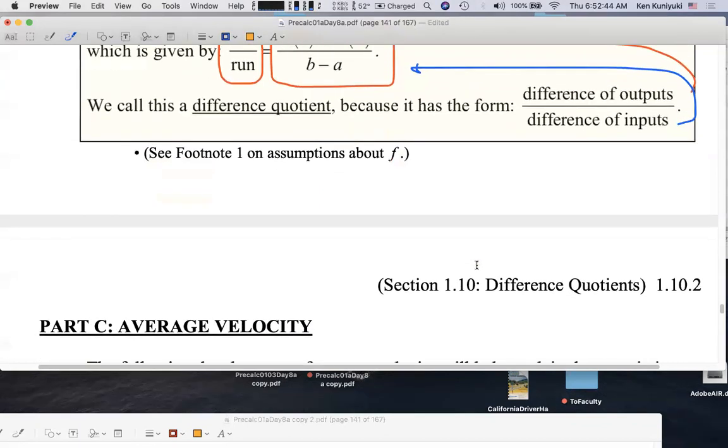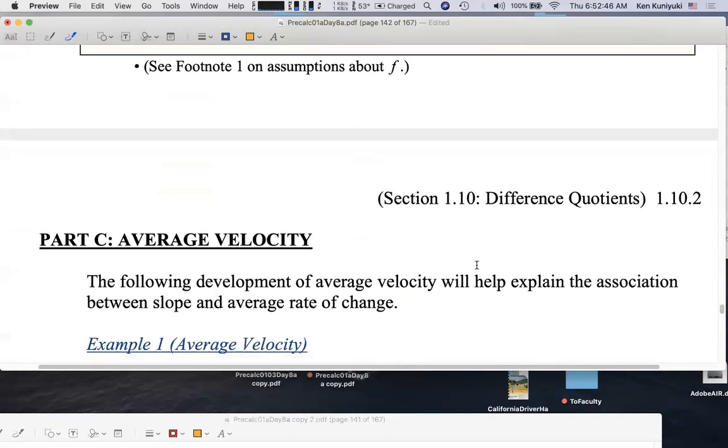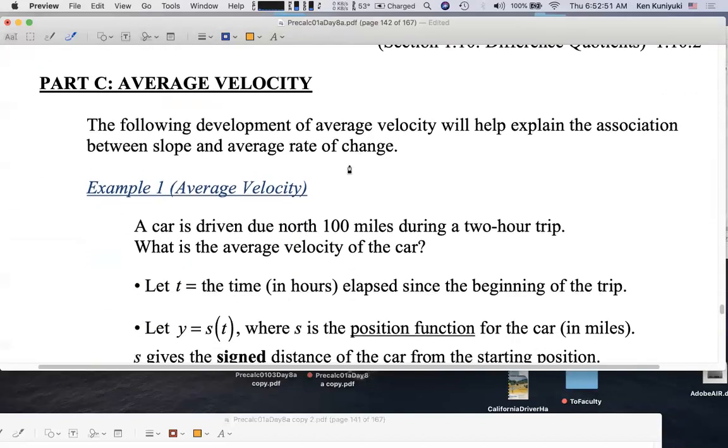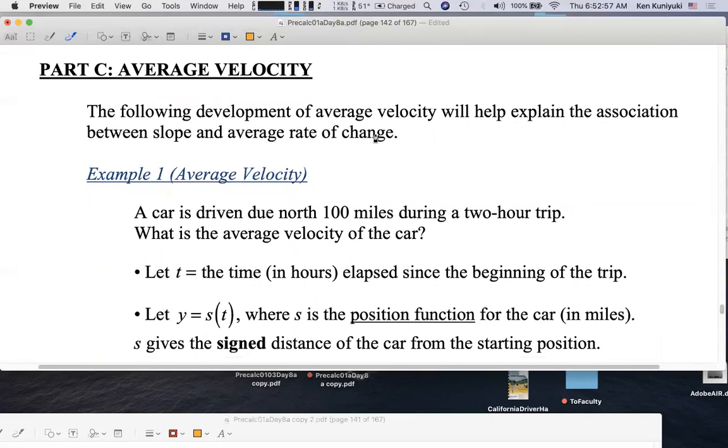A common application of difference quotients is average velocity. Average velocity is perhaps the most important example of an average rate of change. So for example, let's say you're in the movie Speed. You're Keanu Reeves or Sandra Bullock. And the villain, Dennis Hopper, says, okay, hotshot, here's the deal. Wherever you are, we're going to call that the 0 milestone.